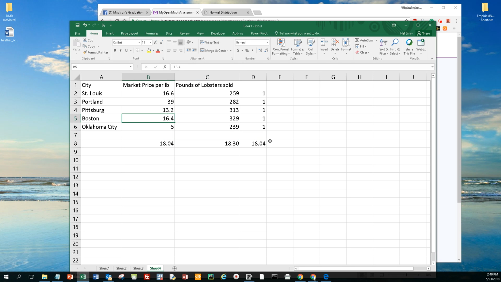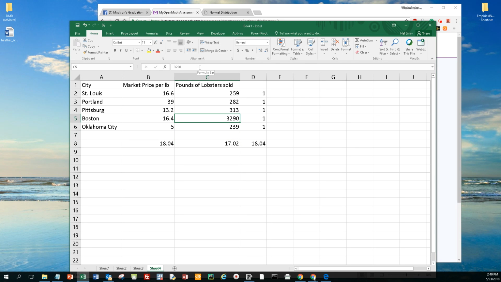But suppose that Boston, because it's on the ocean, people there consume 3,290 pounds. What happens to our average? Well, the average is affected quite a bit by that. Why?